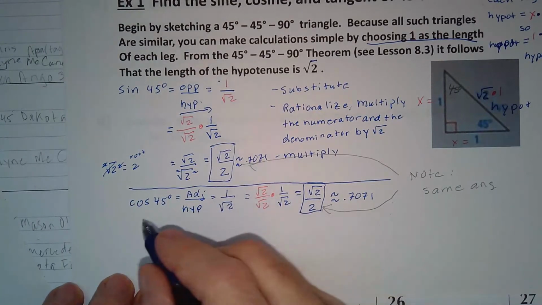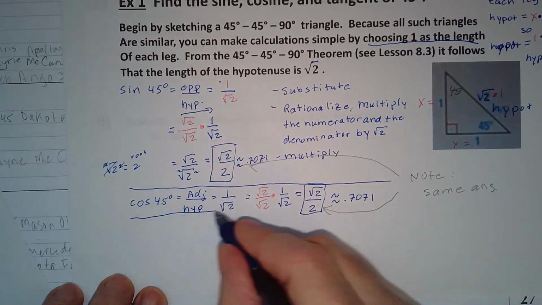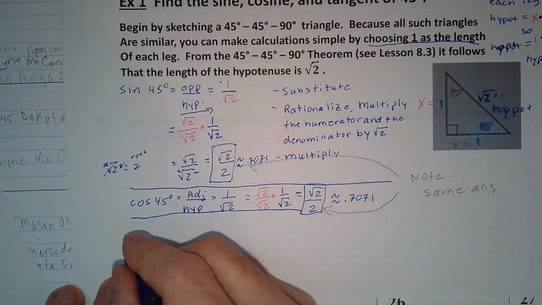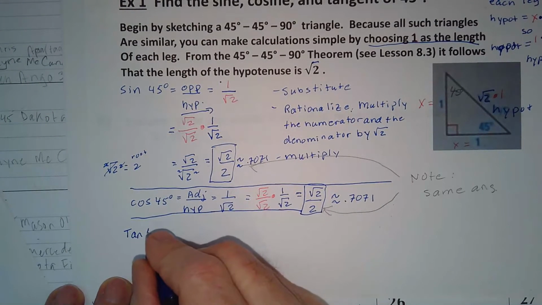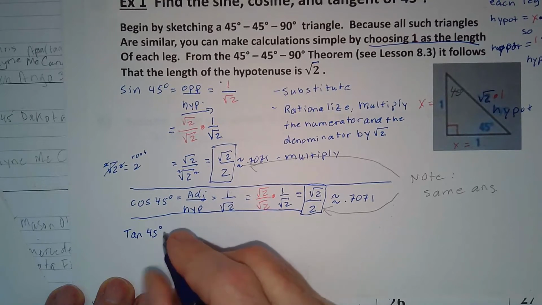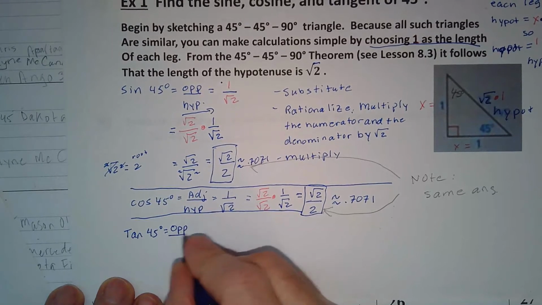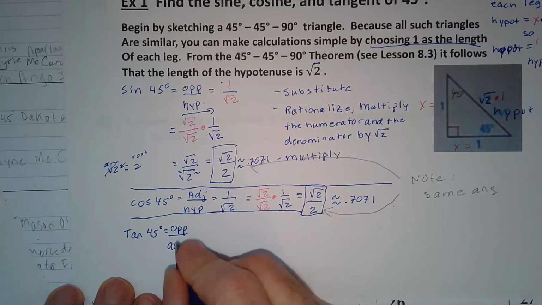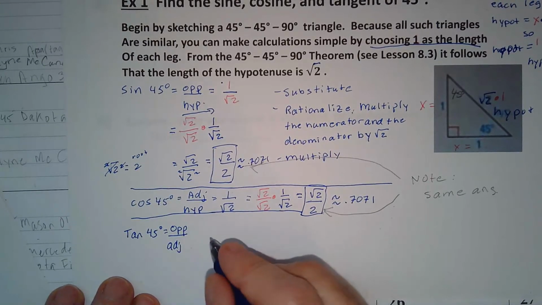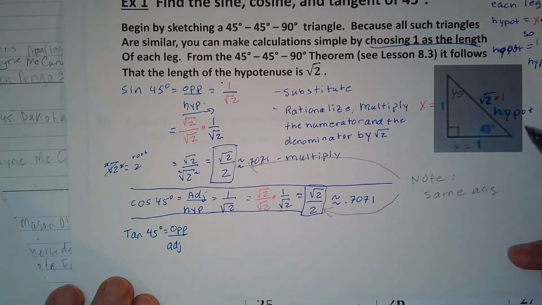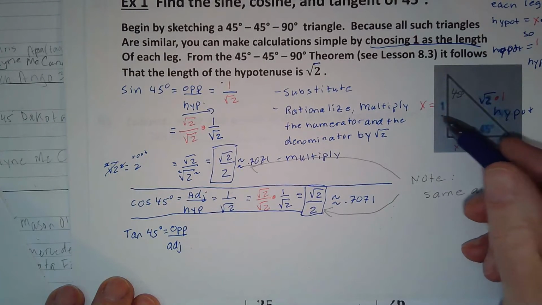So let me put another line here. So tangent of 45 degrees, and that's going to equal opposite over adjacent, as you know. Again, just check that table. And opposite over adjacent, well, here's opposite, here's adjacent.